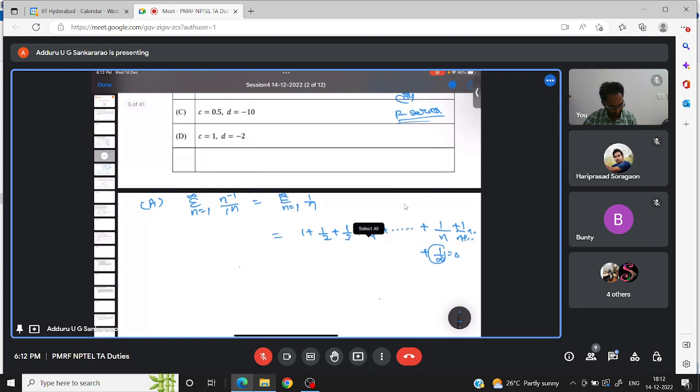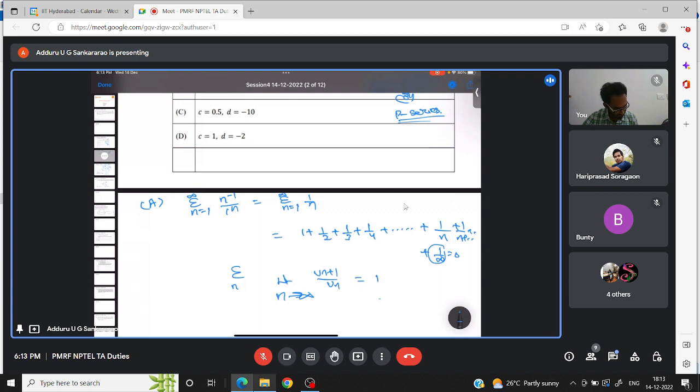Then what is this? Limit n tends to infinity, u of n plus 1 by u of n.